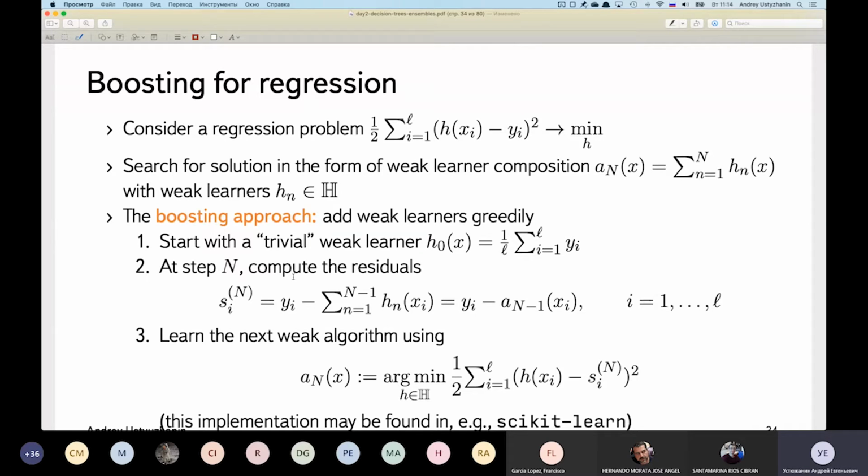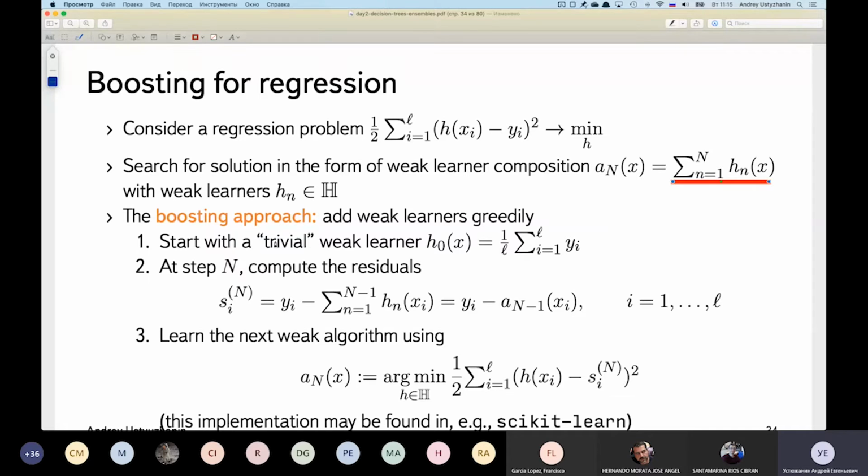So the labels are real numbers and we want to minimize the mean squared error. We search for a solution in the form of a weak learner composition, that is, a combination of learners, and we can build it using the boosting approach.